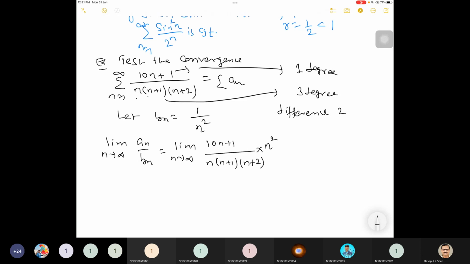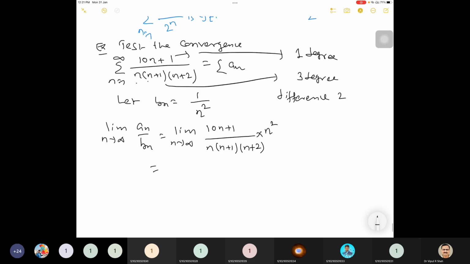Agree or no? Yes, sir. Here you take n outside, so here you will have 10 plus 1 upon n. N cube. Here also you take n outside. So n cube, and here 1 plus 1 upon n, 1 plus 2 upon n.